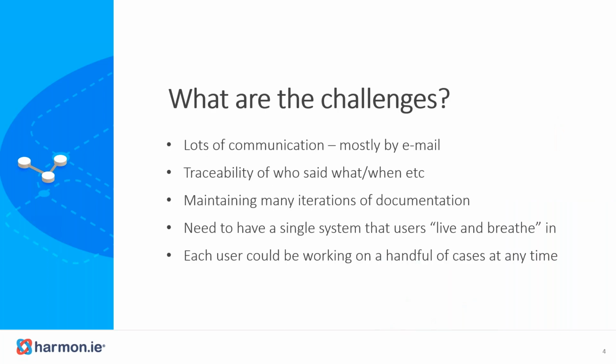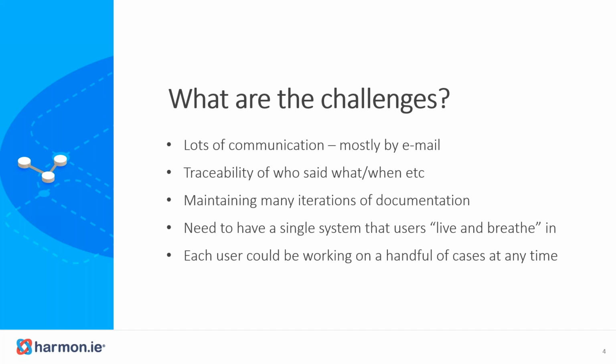So what are the main challenges that people see when they're looking at managing those kind of cases? As I mentioned, there's generally lots of communication going backwards and forwards. Obviously, there may be telephone calls and things like that, but a lot of it these days is done by email. Email is typically deemed a legal document when it's being sent backwards and forwards.